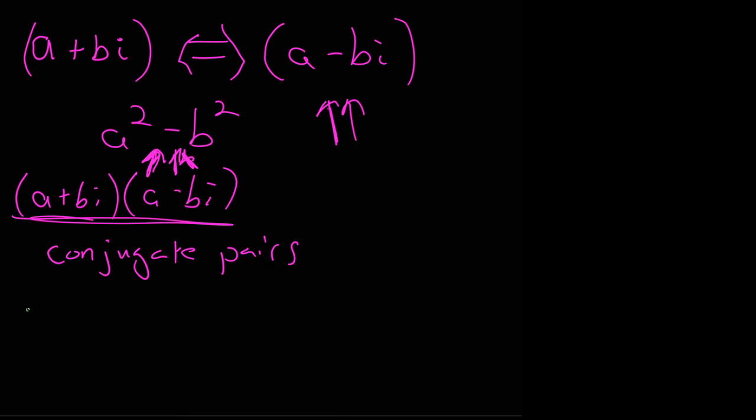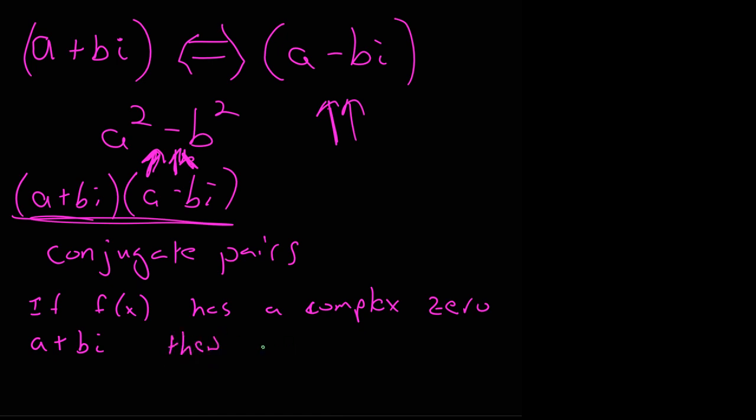So the theorem states this: if f of x has a complex zero, a plus bi, then its conjugate pair, which is a minus bi, is also a zero.